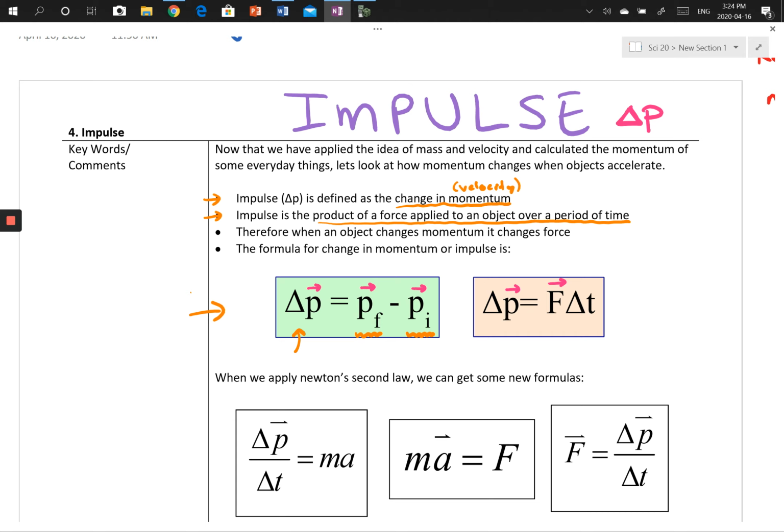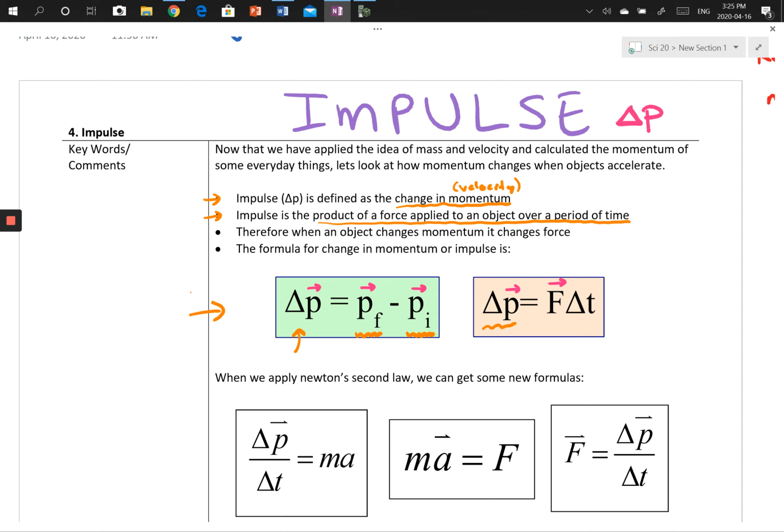Now, another formula that we can use to find the impulse, the change in momentum of an object, is we can take the force applied to that object and multiply it by the amount of time that force is being applied for. And those are two ways that we're going to look at this.